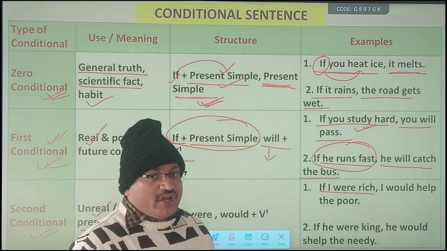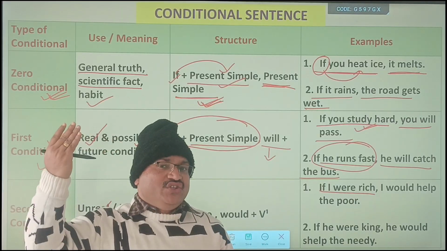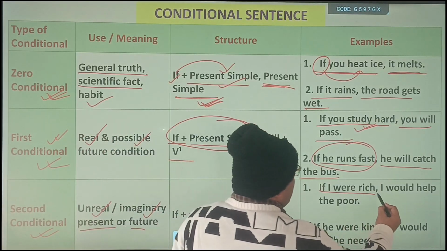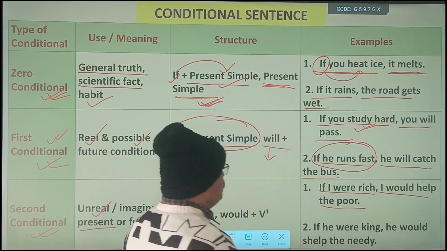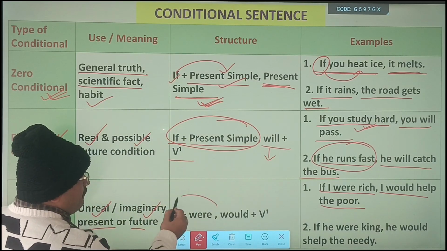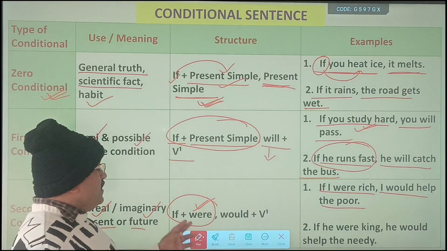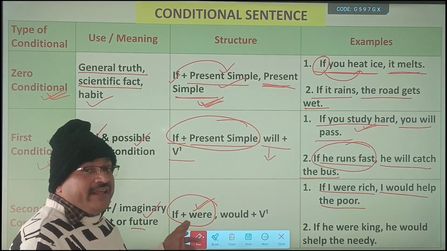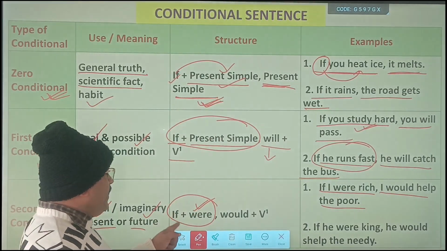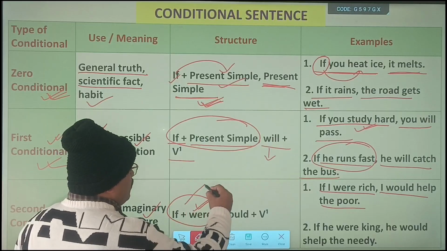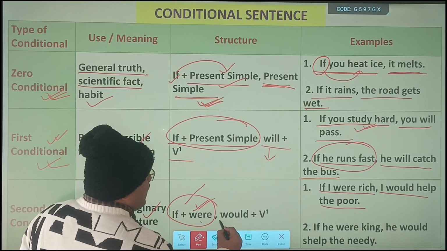I am not rich, but if I were rich, imagination, then I would help the poor. So the structure: if, where will be used with all pronouns. So even he also, if he were. So if plus were: the if clause will take were, and the main clause will take would.